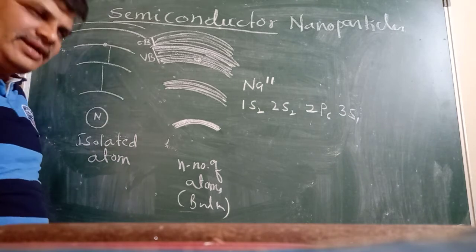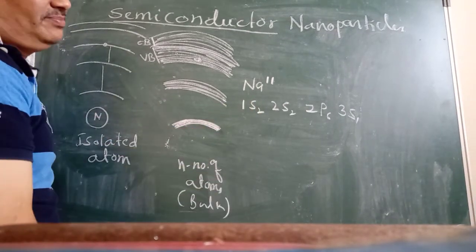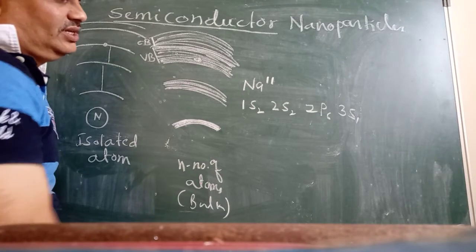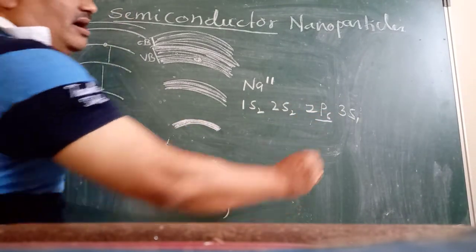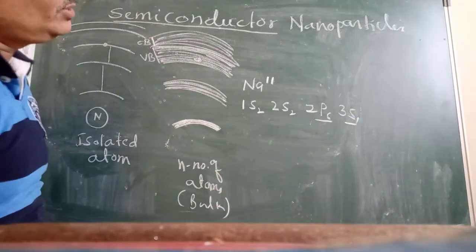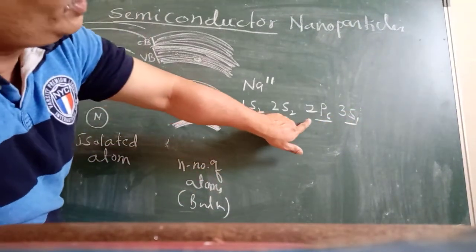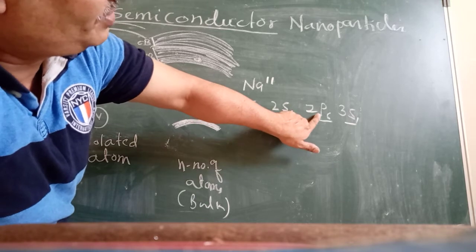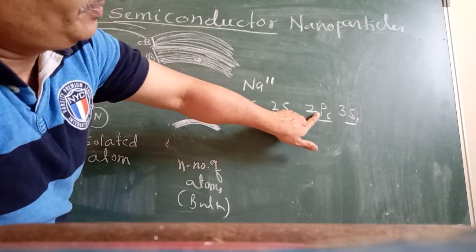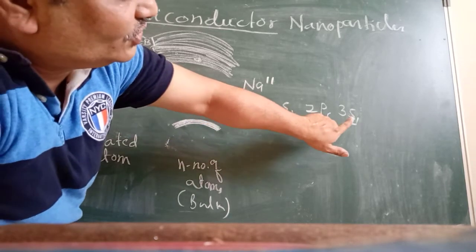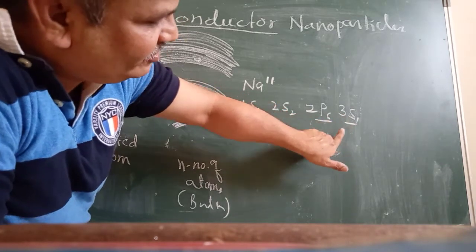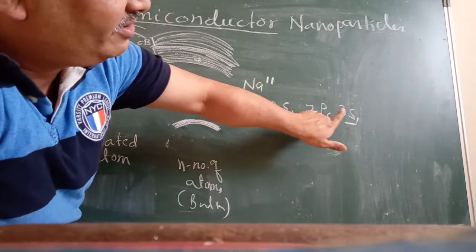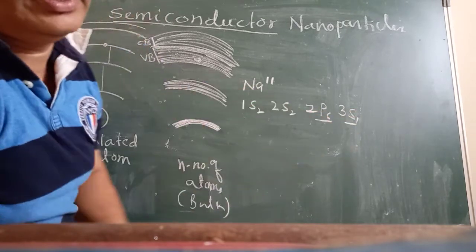The 2p orbital is the topmost completely filled one, and above it is 3s1.